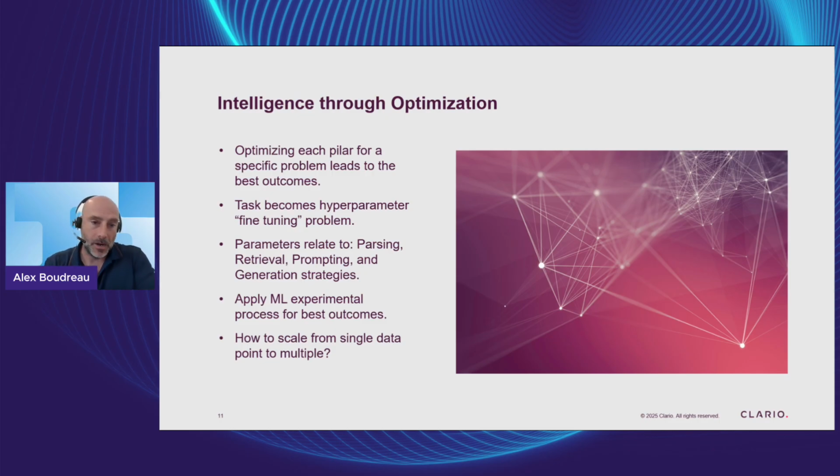Your weights and your parameters. Here, what you're looking at is the different pillars. So, what parsing are you using? What retrieval mechanism? What prompts are you using? And what LLMs are you using? So, if you optimize on all of these elements for your use case, you're able to achieve intelligence through optimization.